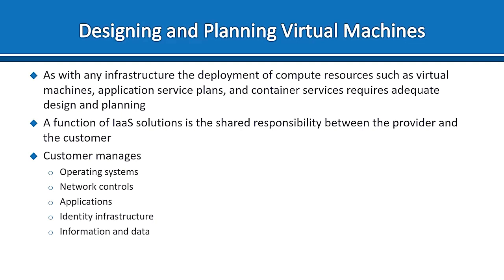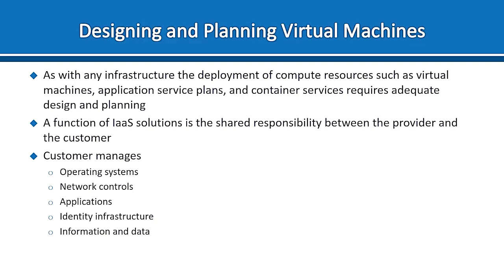There will be certain things that as a customer we would never control, like the underlying infrastructure, the physical storage, the physical networking, things like that. But operating systems, the version that you're running, and the functionality or the roles provided by that operating system are all managed by the customer. Network controls are all managed by the customer in an IaaS solution.